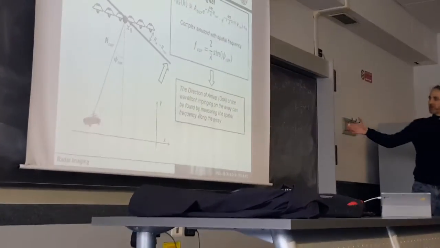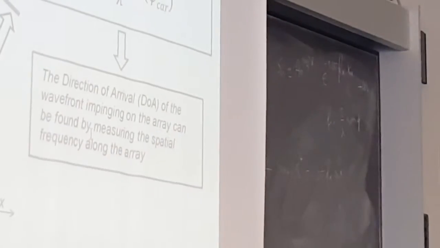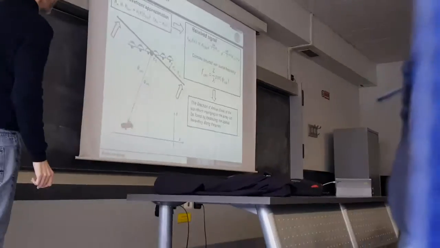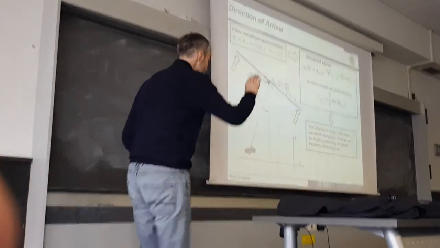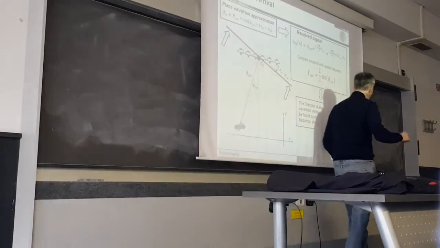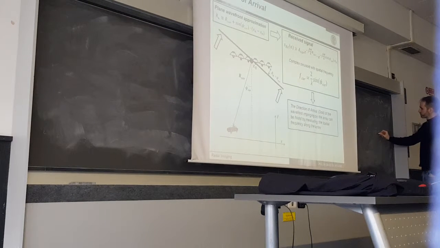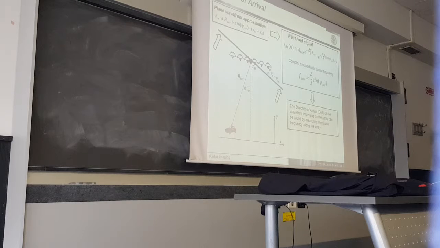So if you want to estimate this frequency, let's call it fx0, just to use the same notation as the last time. So this is the frequency corresponding to the true angle of the target.